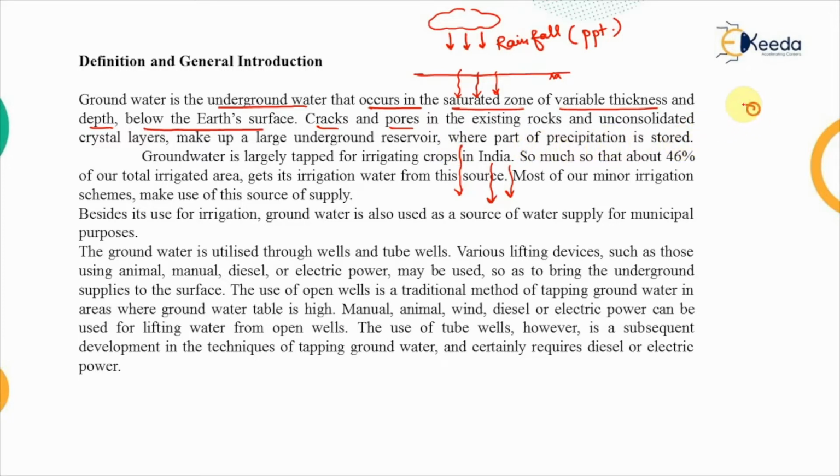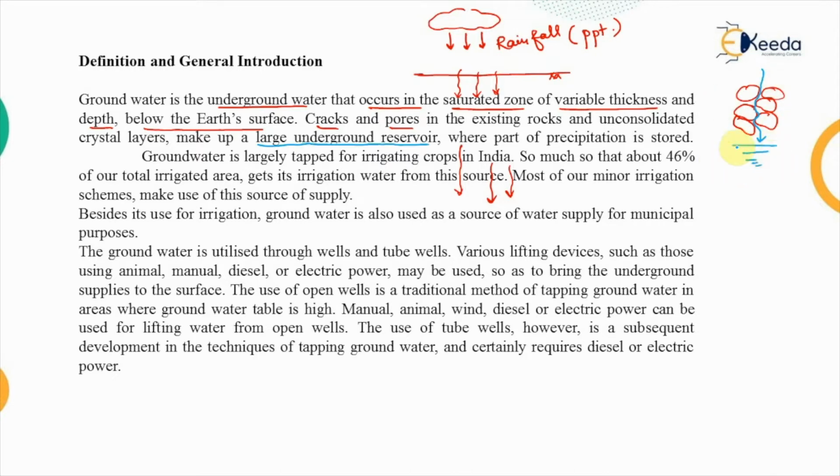So if this is a rock, in addition to this one there are multiple rocks present. If water is falling down, it will find its way through these pores or cracks in the existing rocks, and therefore it will make a large underground reservoir upon reaching the bed surface.